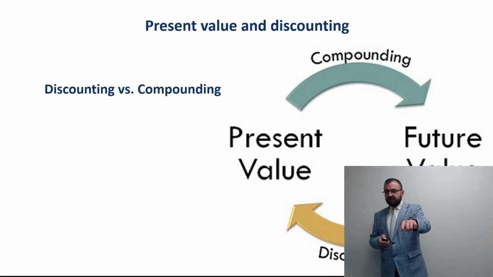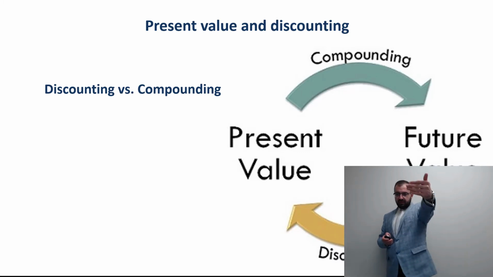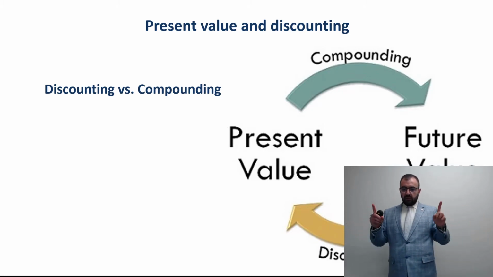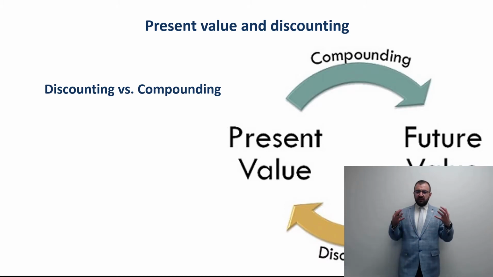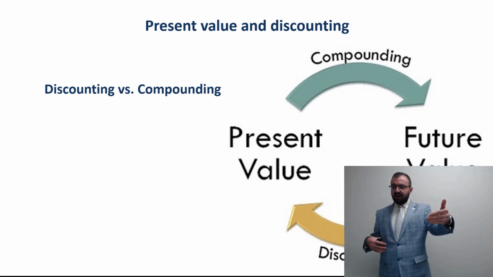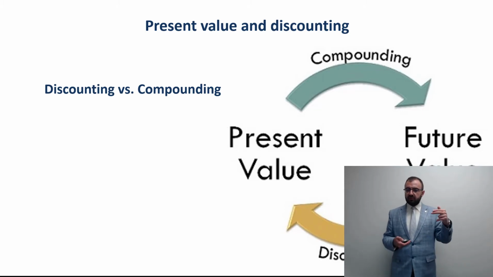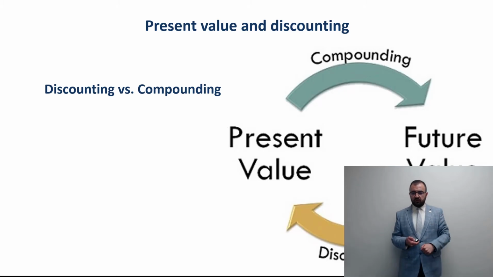Well, in case of the discounting, we just do the opposite. We have the future value and we try to calculate present value. So this way we can easily understand the basics of the present value and relate that to our previous lecture that we have in future value calculations.